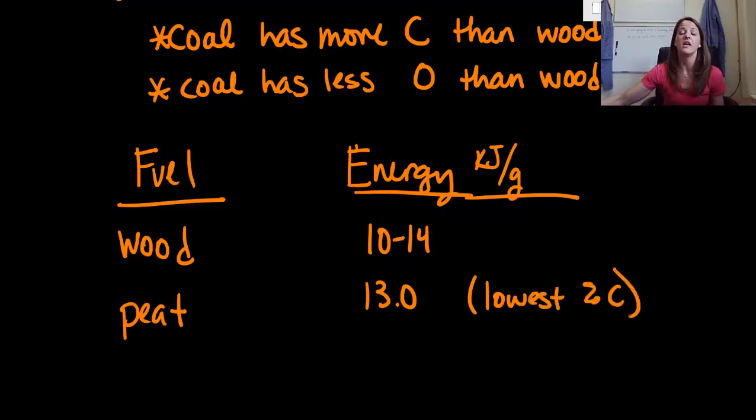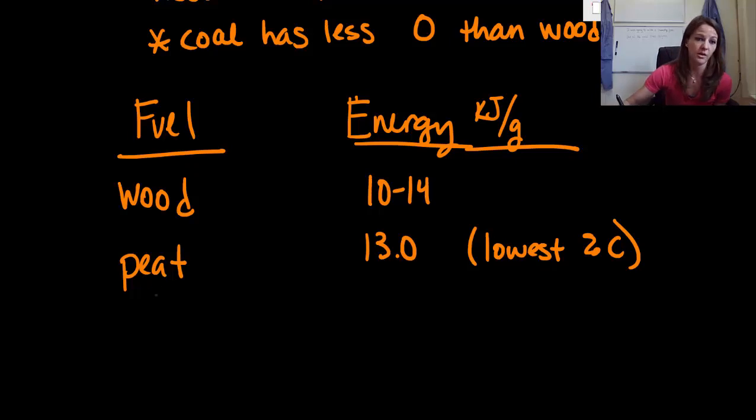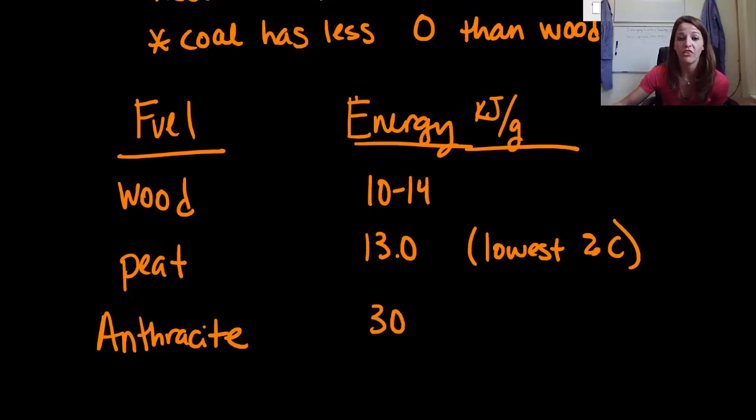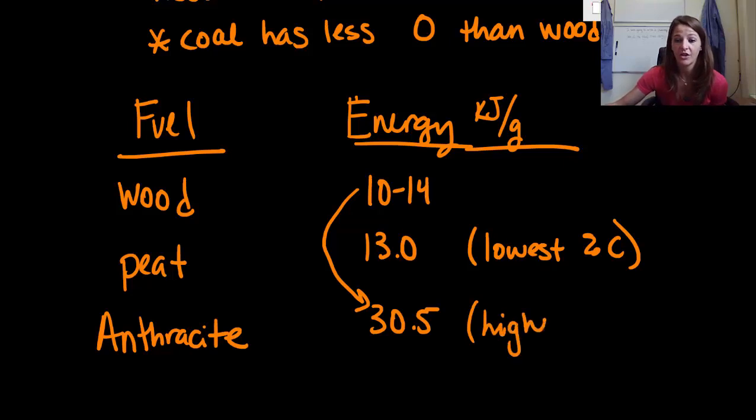Okay, that makes sense. Now let's look at the very best type of coal, which is called anthracite. And now this one actually has numbers all the way up to 30.5 kilojoules per mole. So it's almost double when you look at wood. And so the reason anthracite is awesome is because it has the highest percentage of carbon, but there's also this one other little piece that just happens to be for this specific type of coal.